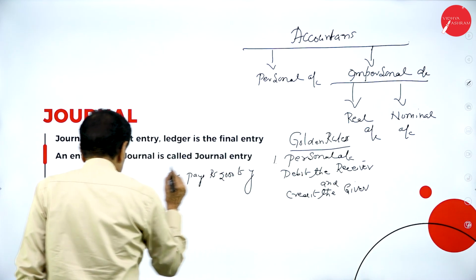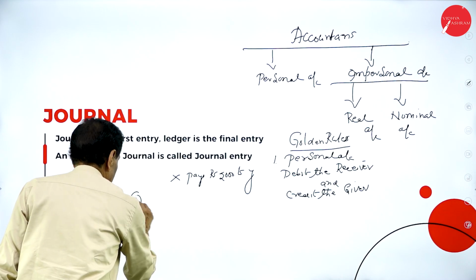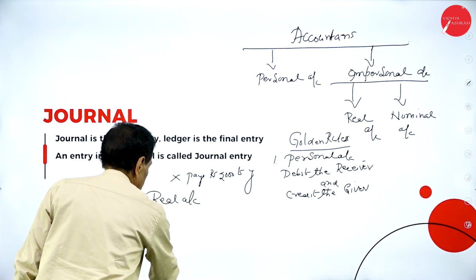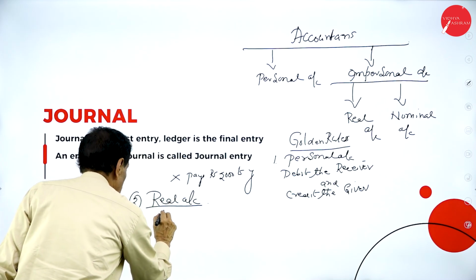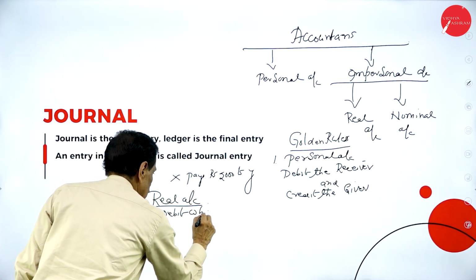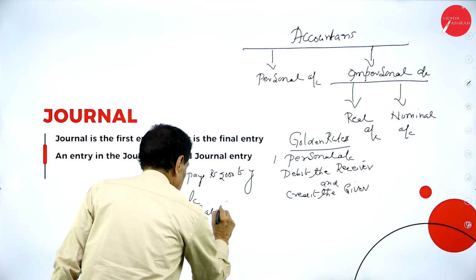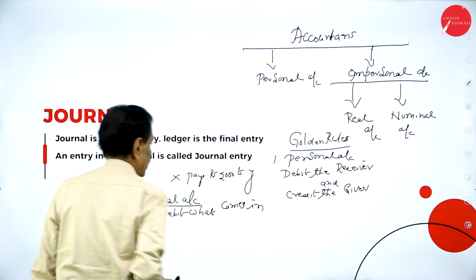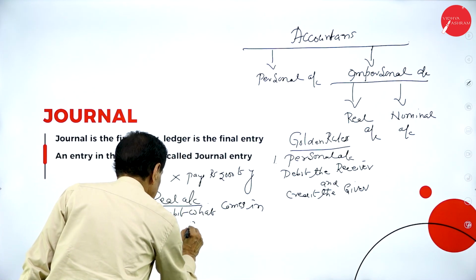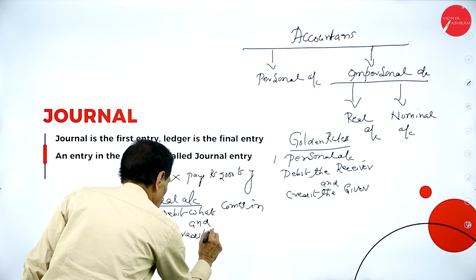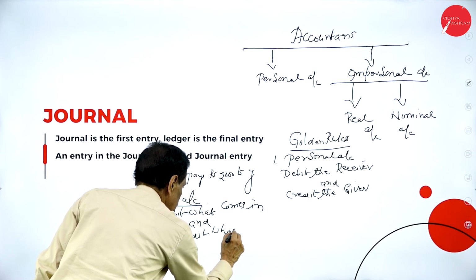Then, number 2, real account. Debit what comes in and credit what goes out.